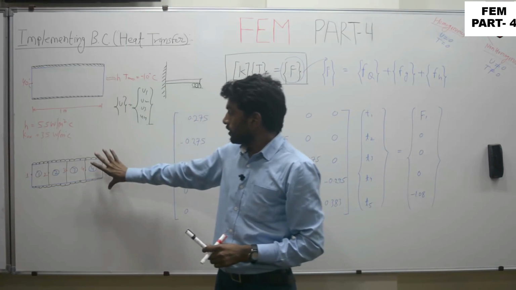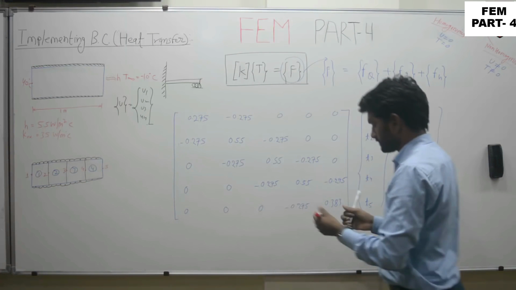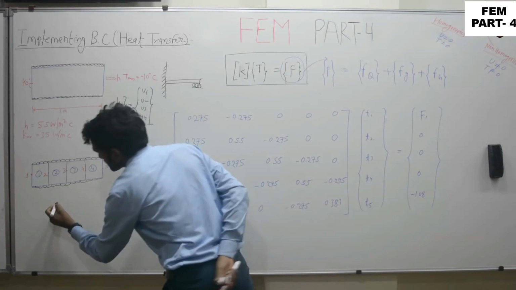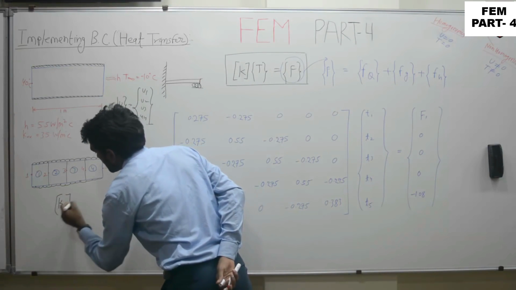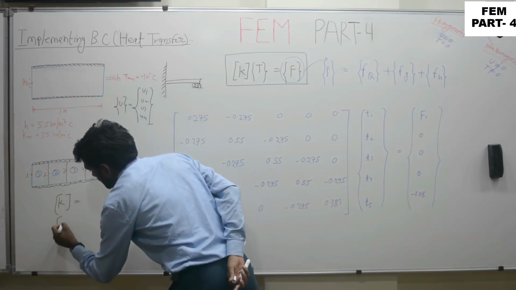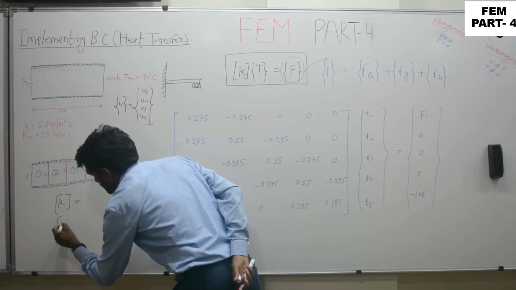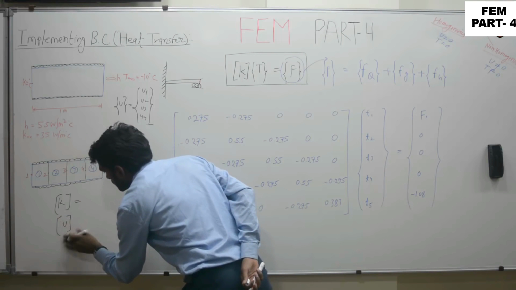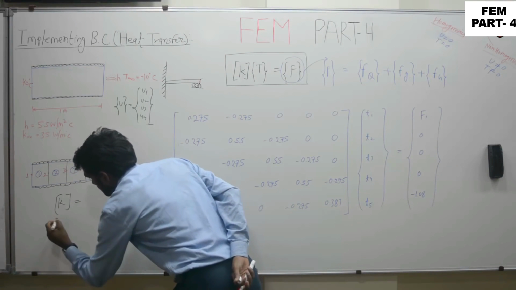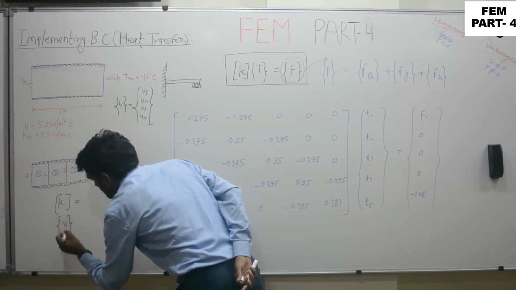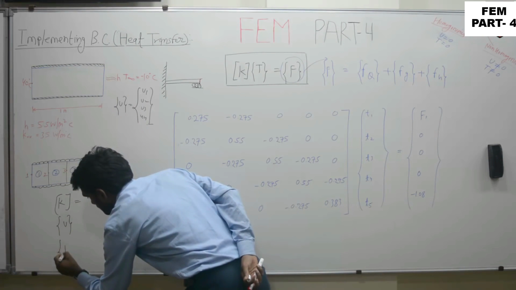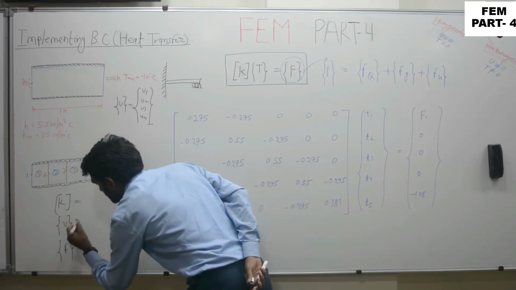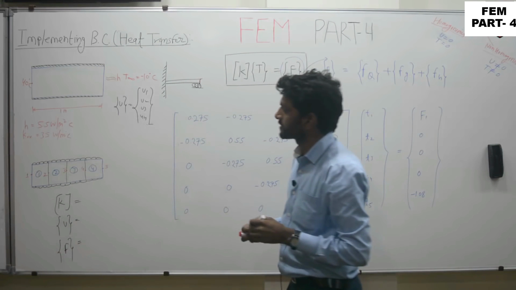Now, to find out the stiffness matrix K, the column vector U, and F. You see the difference.